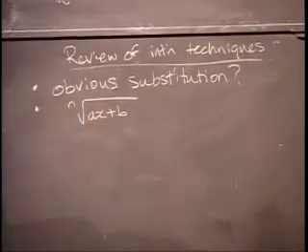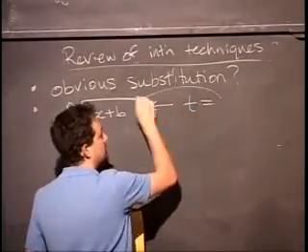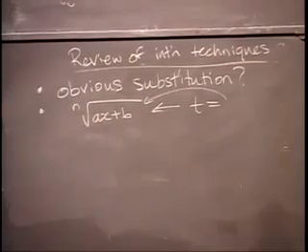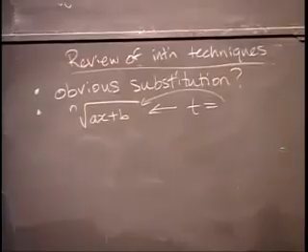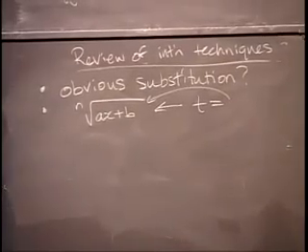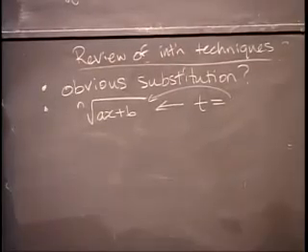If it's a linear thing, let that be t. That's a good substitution that should work. Not guaranteed. Again, I'm not going to spend any time going further because I've already done it, but I'm just trying to give you an overview of what we've done.